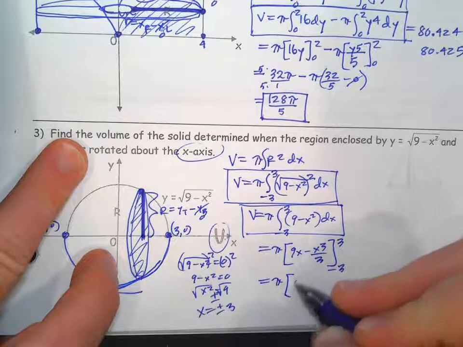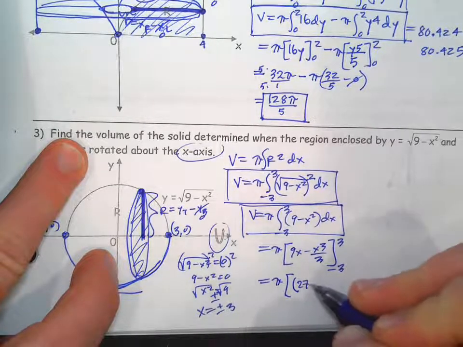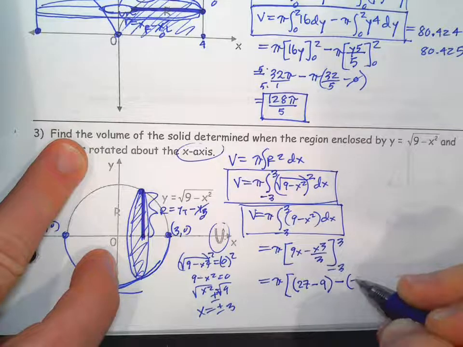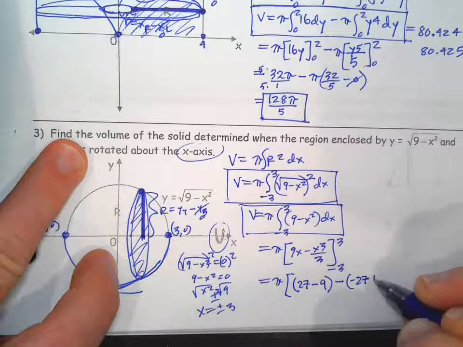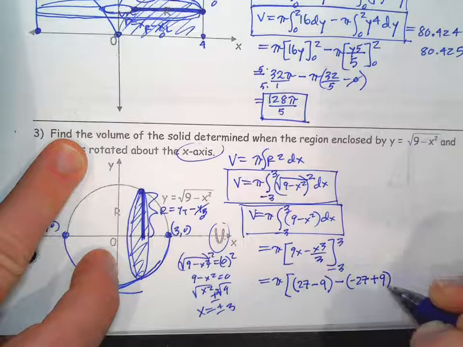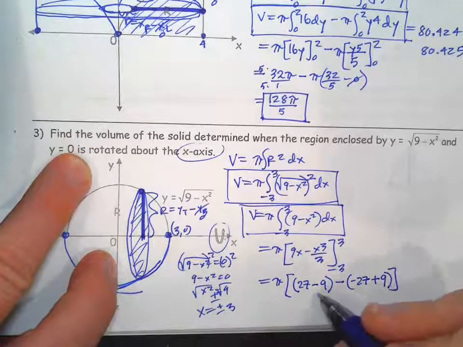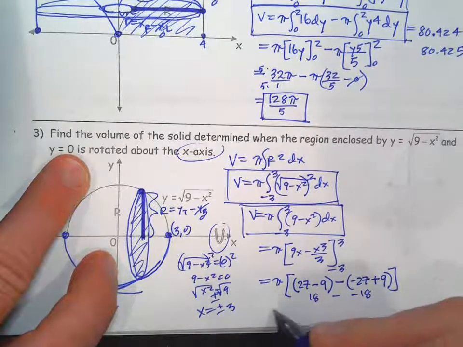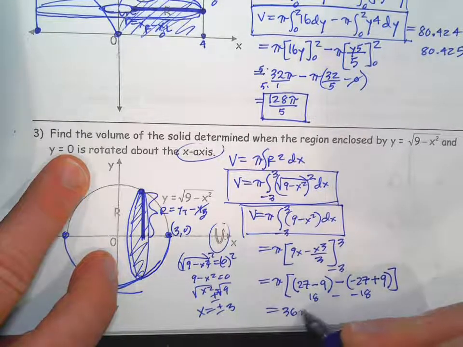Plug 3 in, we get 27 minus 27 over 3 is 9, minus negative 27 plus 9. So this is going to be 18. This is going to be minus negative 18. So that's going to be 36 pi.